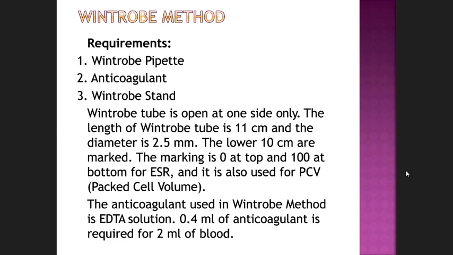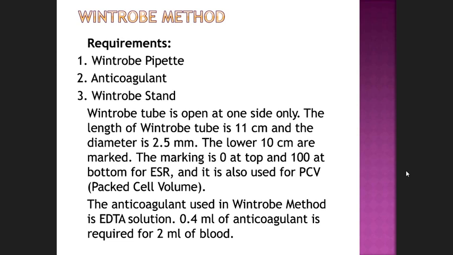The length is 11 centimeters and the diameter is 2.5 millimeters. The lower 10 centimeters are marked, compared to 20 centimeters in Westergren. The marking is the same, with 0 at the top and 100 at the bottom.